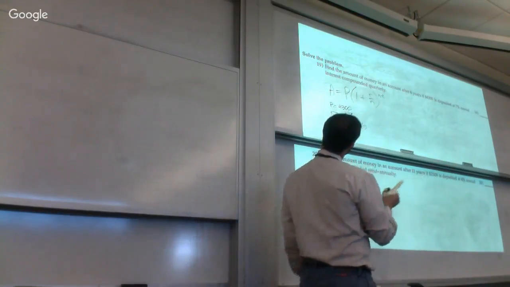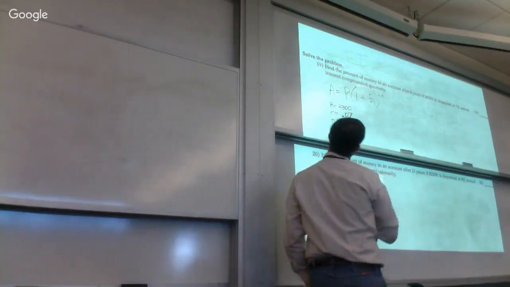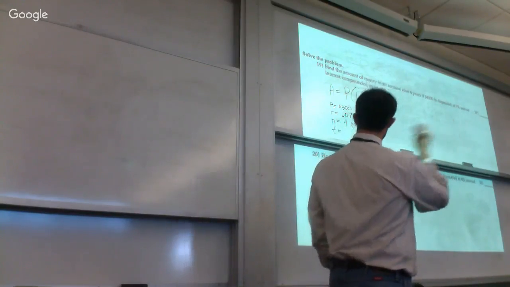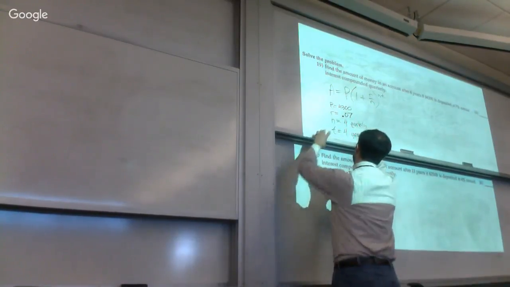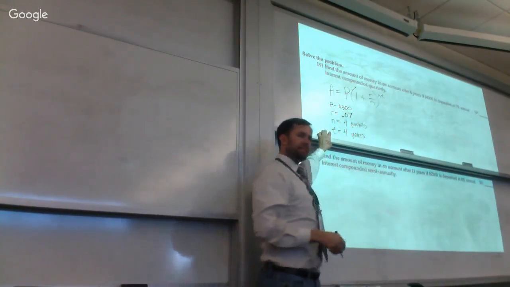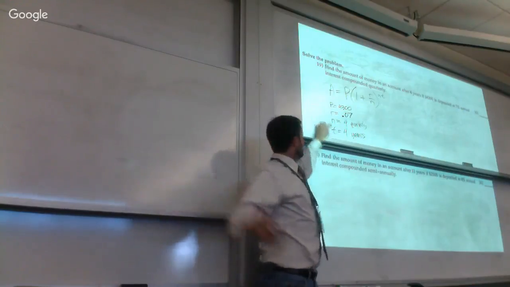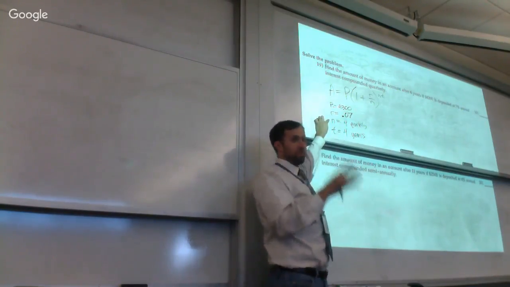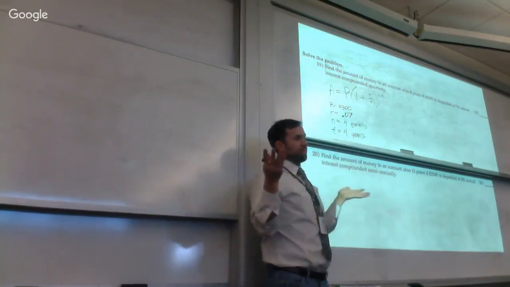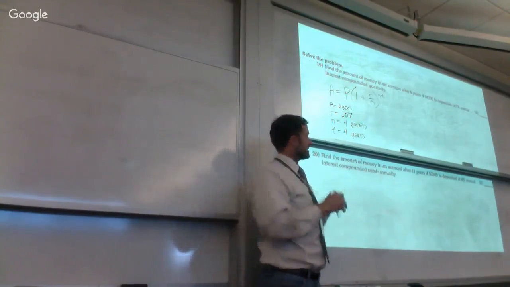How many years? Yeah, just 4 years. But those 4s mean different things. The T is how many years are you going to invest it? For 4 years. The N is how many times per year are you compounding your interest? That's 4 times per year. So they're both the number 4, but they mean wildly different things.